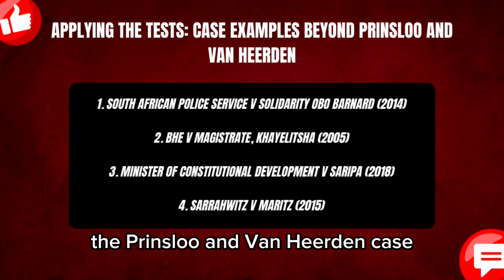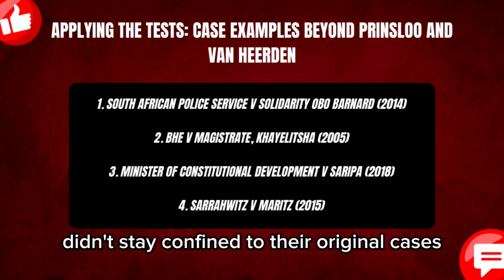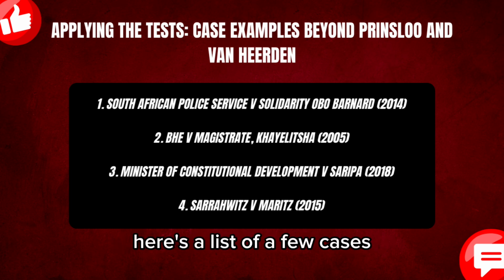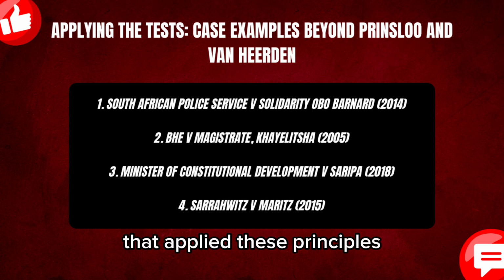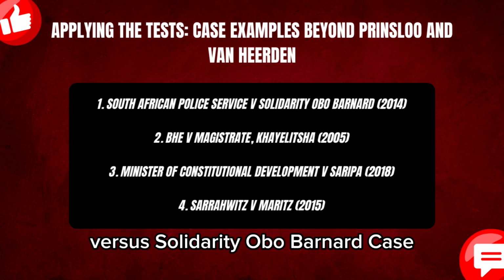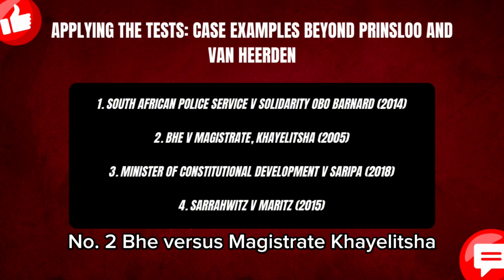The Prinsloo and van Heerden tests didn't stay confined to their original cases. They've shaped how our courts approach equality disputes ever since. Now here's a list of a few cases that applied these principles. Number 1 is the South African Police Service versus Solidarity obo Barnard case. Number 2, Bato versus Magistrate Hlatshwayo.